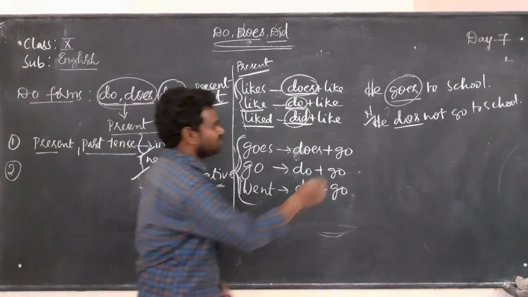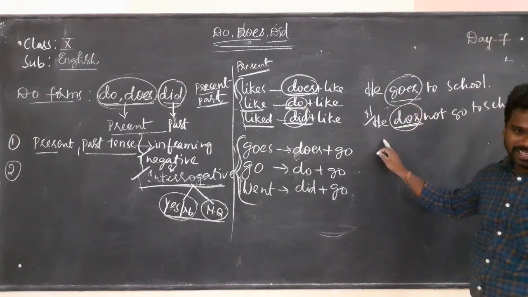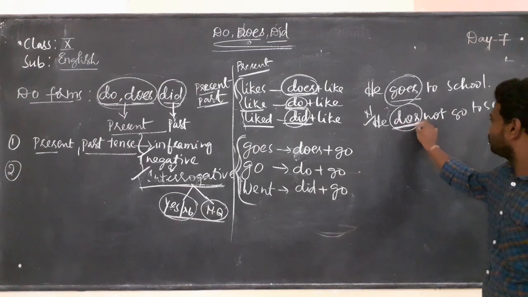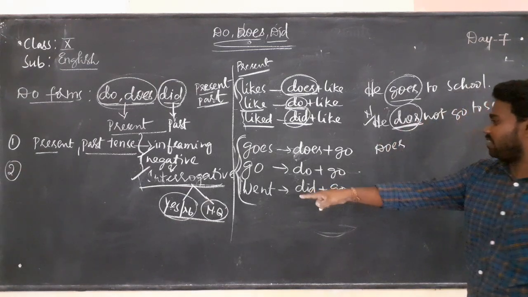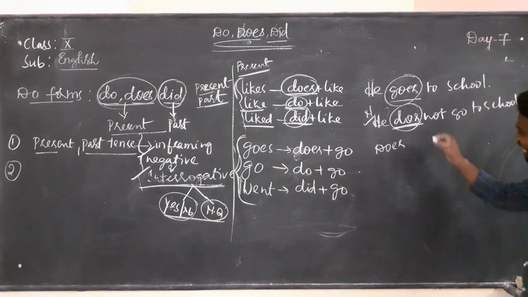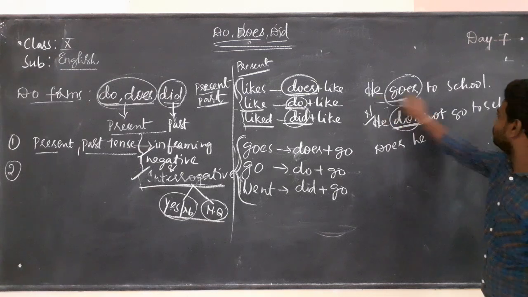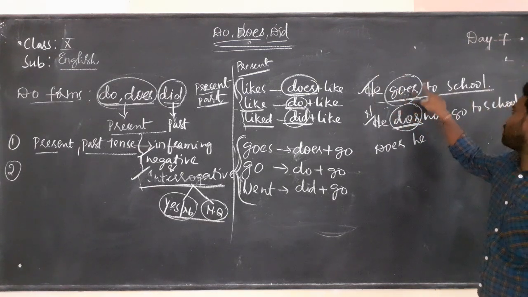So yes, no question. If I want to change this into a yes, no question, I can take the help of do form, right? How can I frame a yes, no question? So he goes to school. I want to change this. So goes includes here does plus go, right?